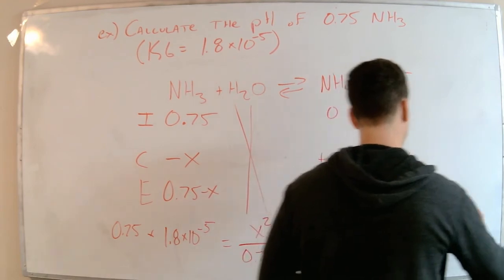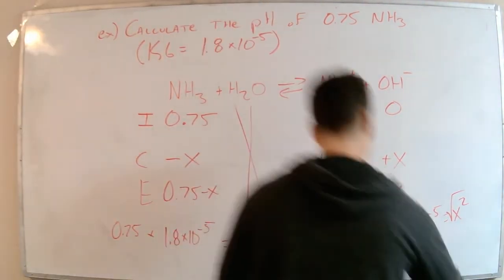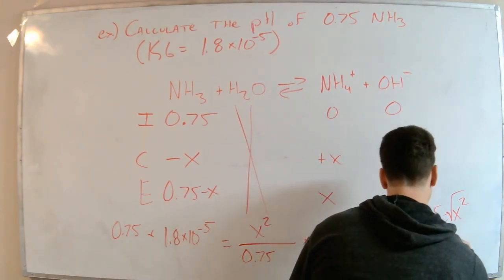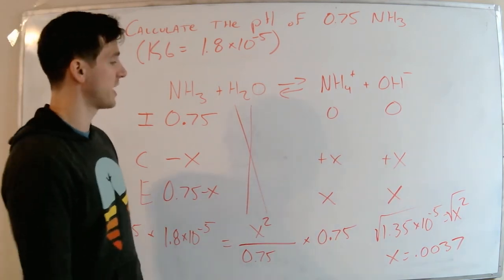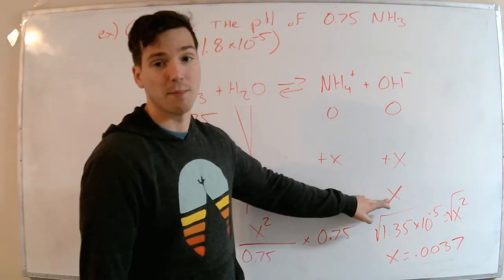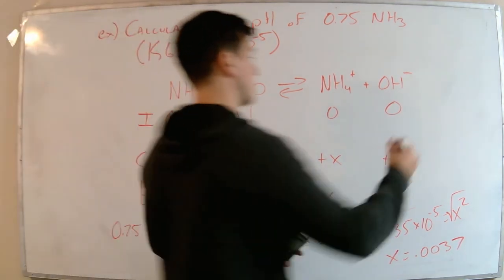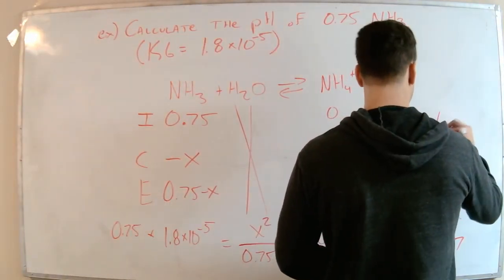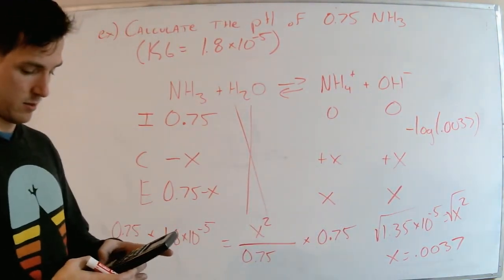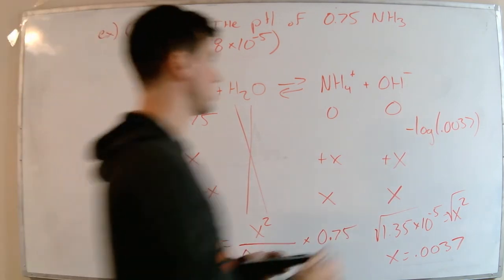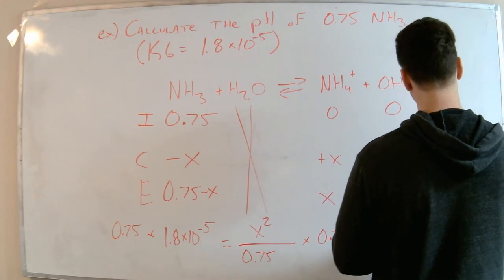I'm going to square root both sides to get an X of 0.0037, which again is my OH minus now. My X is my OH minus. So let's take the negative log of that OH minus of 0.0037. And I get a pOH of 2.43. And some of you will be like, done.